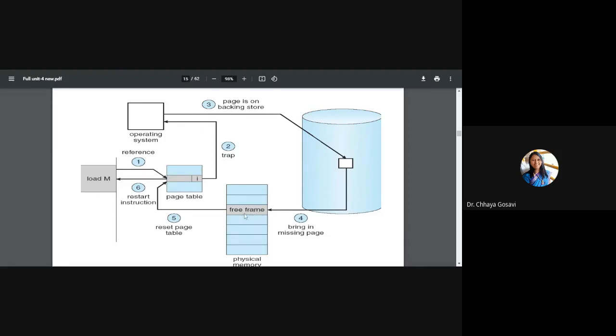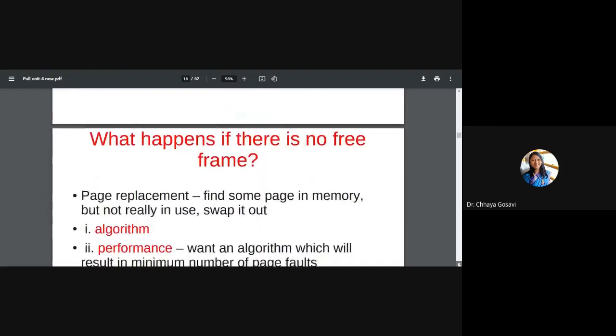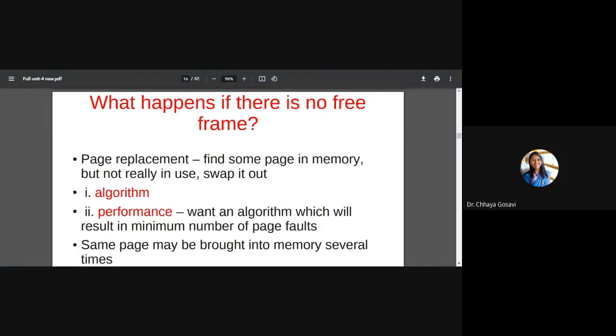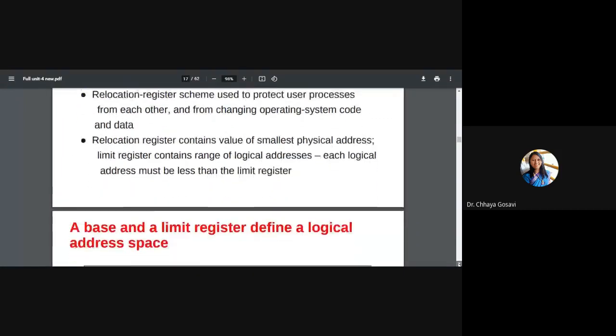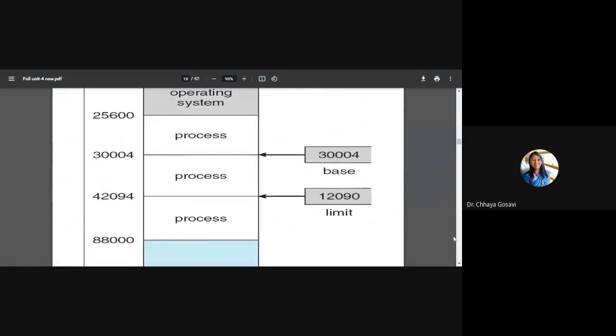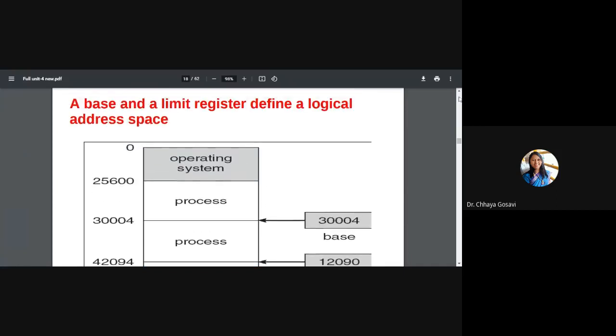But if no frame is free, we have to apply a page replacement algorithm, make a frame free, and then bring the page into main memory. We have seen these 3 page replacement algorithms: FIFO, optimal, and LRU.